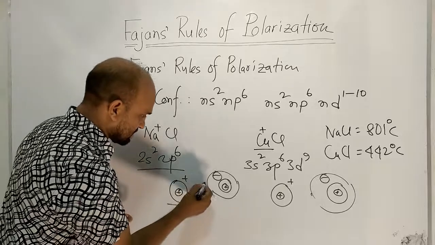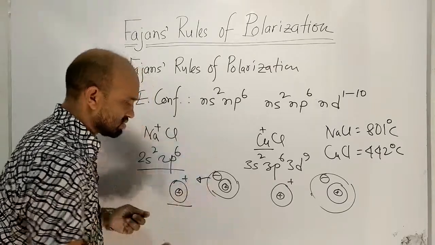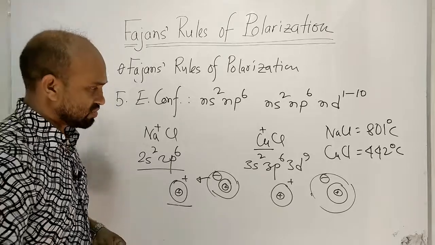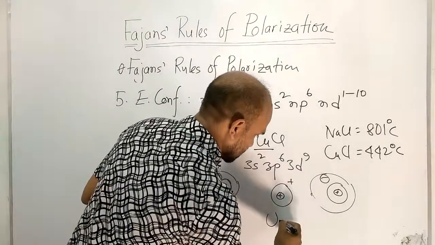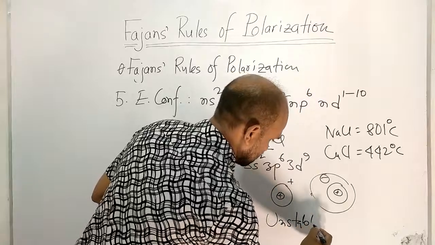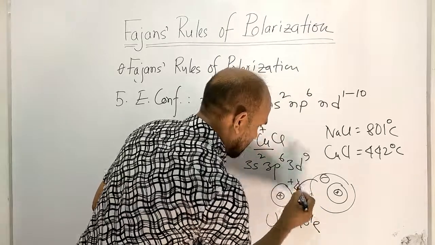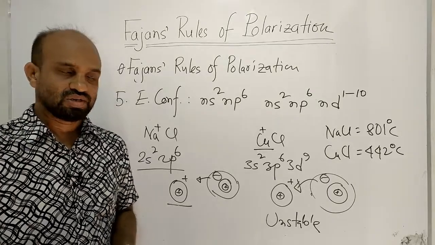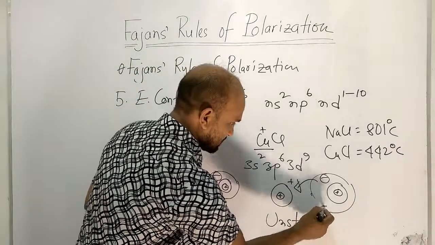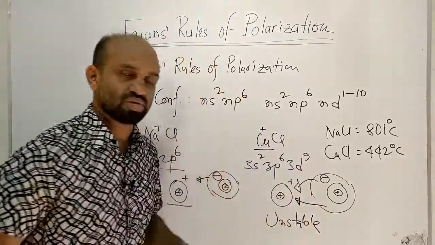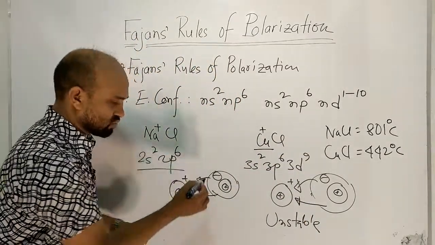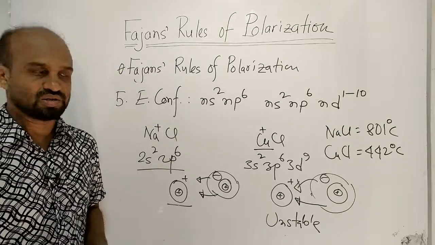So it has less attraction to the anion's electron cloud. But this is an unstable configuration. It has a higher attraction to the anion's electron cloud. That is why in this case polarization will be higher, but in this case polarization will be lower.